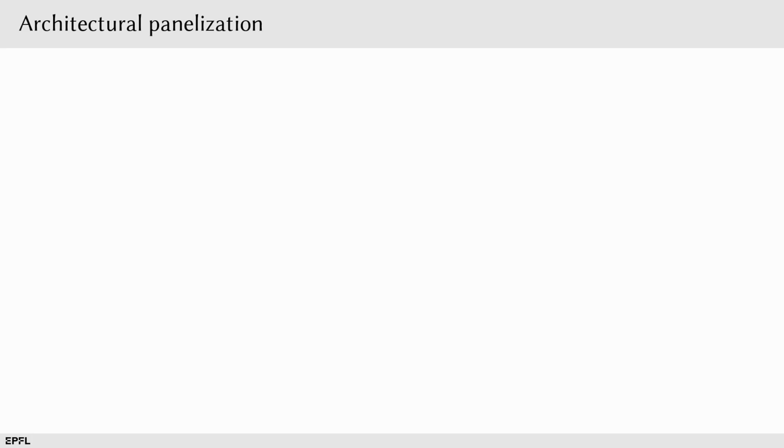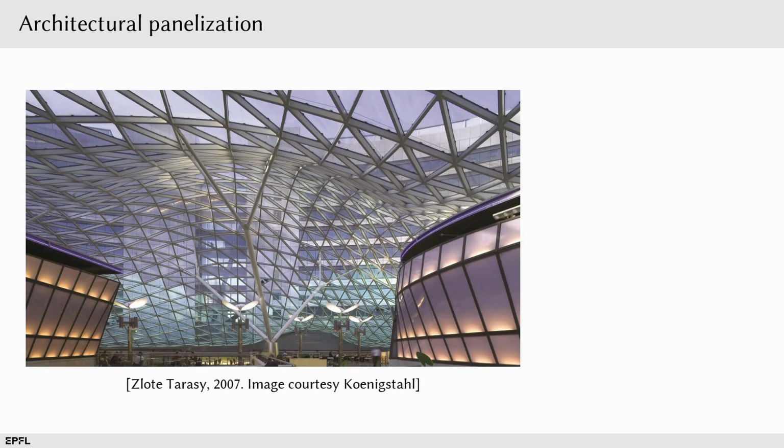Okay, so before transitioning to the next subsection, I would like to briefly talk about the motivation behind the terminology support strips from this construction. One important application of meshes with planar faces is in architectural geometry, particularly in the design of glass and steel structures.